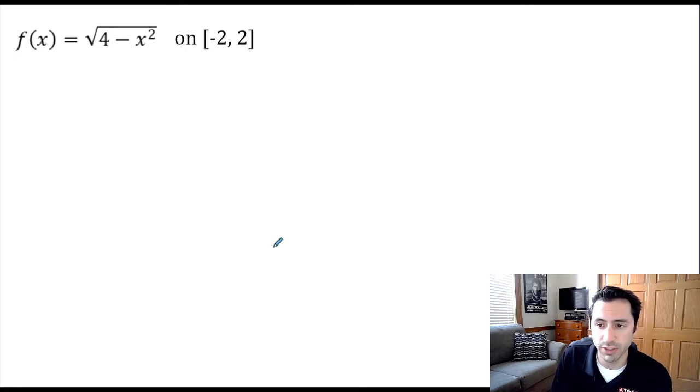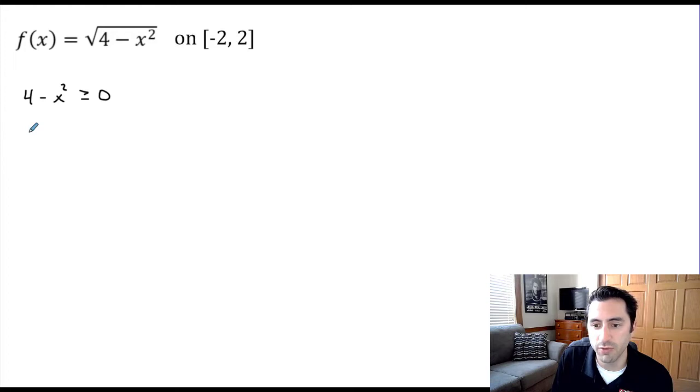So my function, I have a square root in here, so I know that's my restriction. I just can't take the square root of any negative numbers. So I just need to make sure that everything under the square root sign, we need this to be greater than or equal to 0. So let's solve this inequality then.